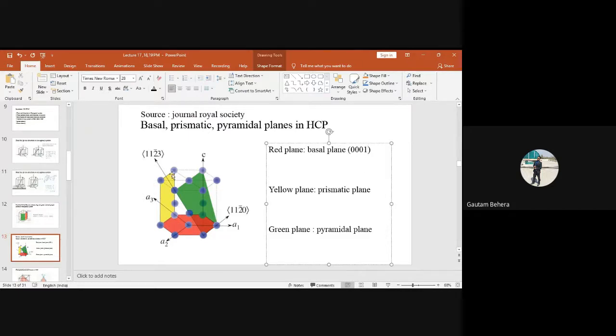Similarly, you want to find out the Miller-Bravais indices of this yellow prismatic plane. Again, inside the parentheses, you have to write the four coordinates. You can see this yellow prismatic plane is parallel to, okay, fine.